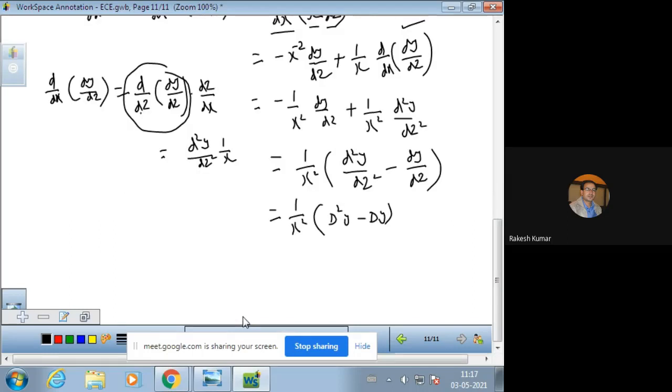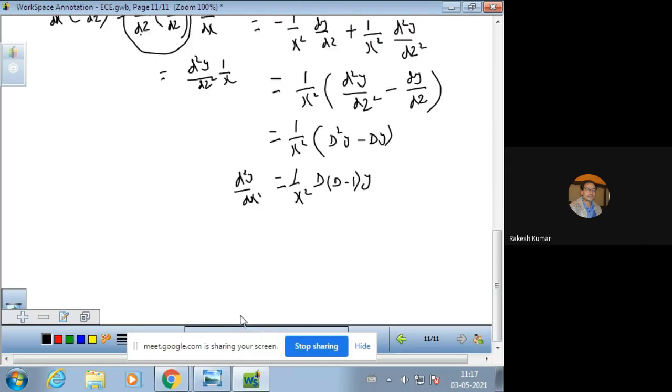So 1 by x² as it is, D can be taken common, so that is D into D minus 1 into y. And this is the value of d²y/dx² we are getting, or x² can be cross multiplied on the left hand side. Therefore x² d²y/dx² will be D into D minus 1 into y.